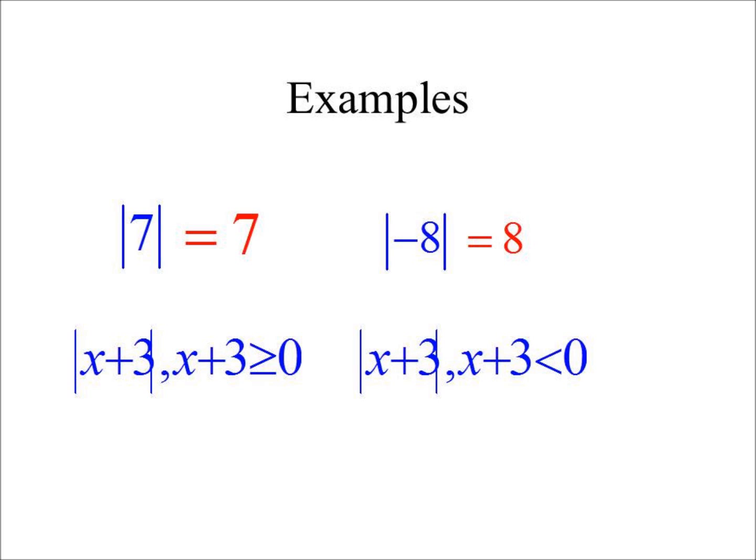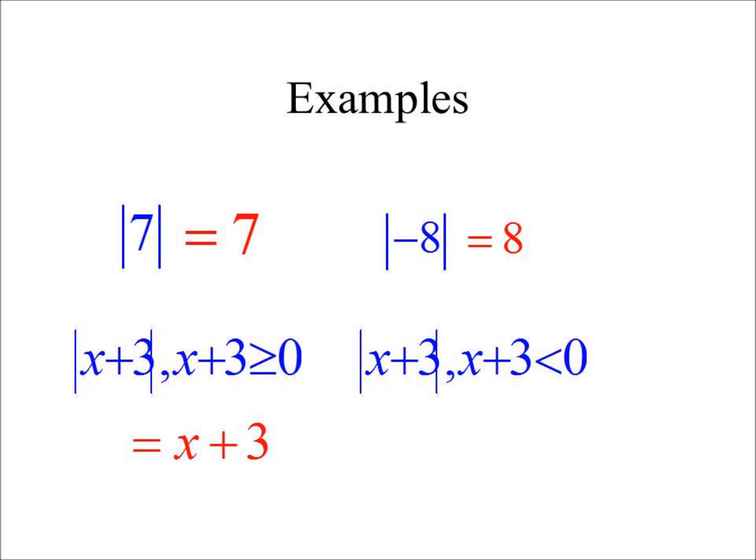Now, our problem, of course, is that we're in Algebra 2. So if we take a look at the bottom left example, we have the absolute value of x plus 3 if x plus 3 is greater than or equal to 0. Well, according to our definition, since x plus 3 is greater than 0, the absolute value of x plus 3 is just x plus 3. The bottom right-hand one, absolute value of x plus 3, but x plus 3 now is less than 0.